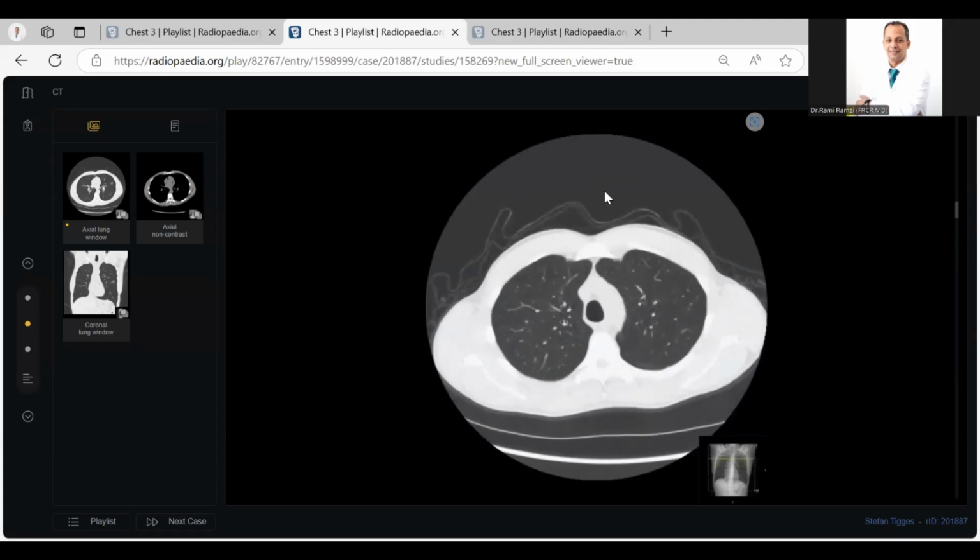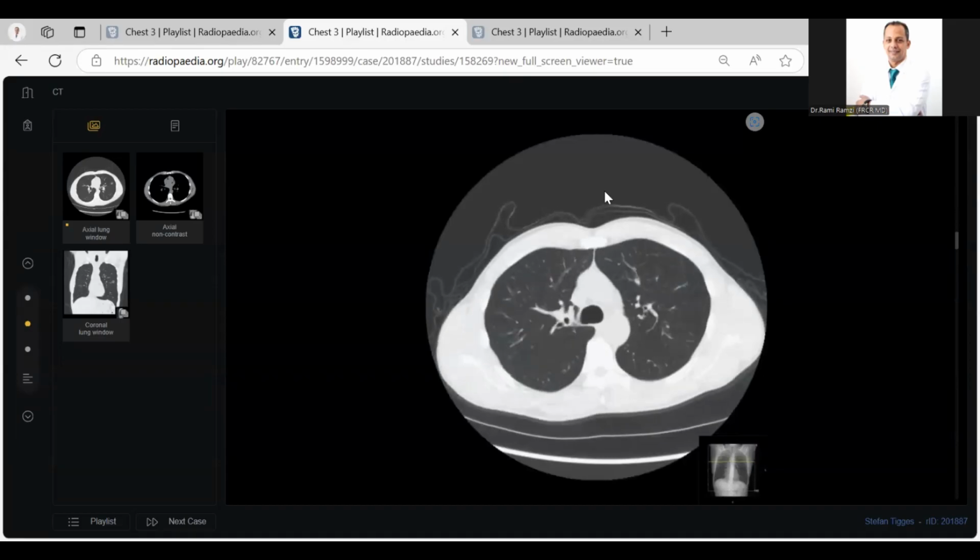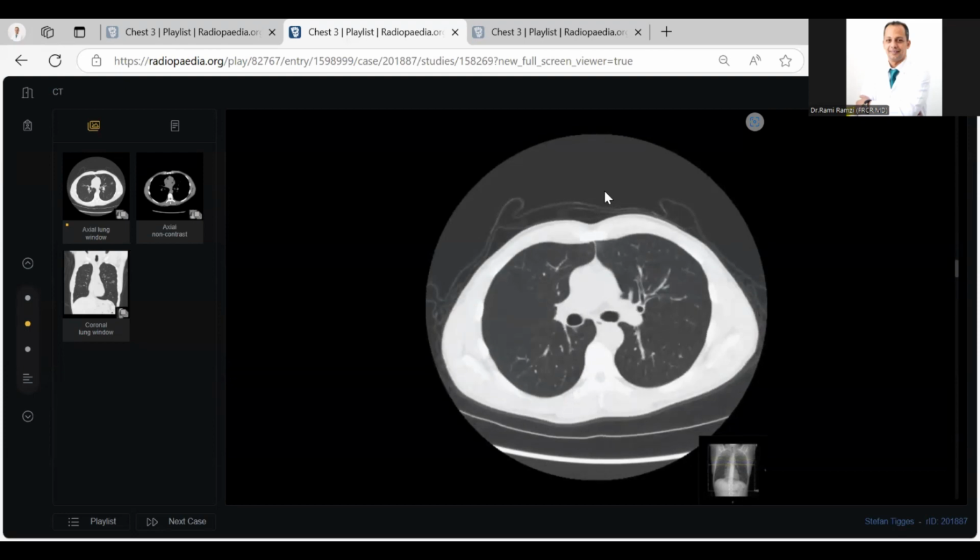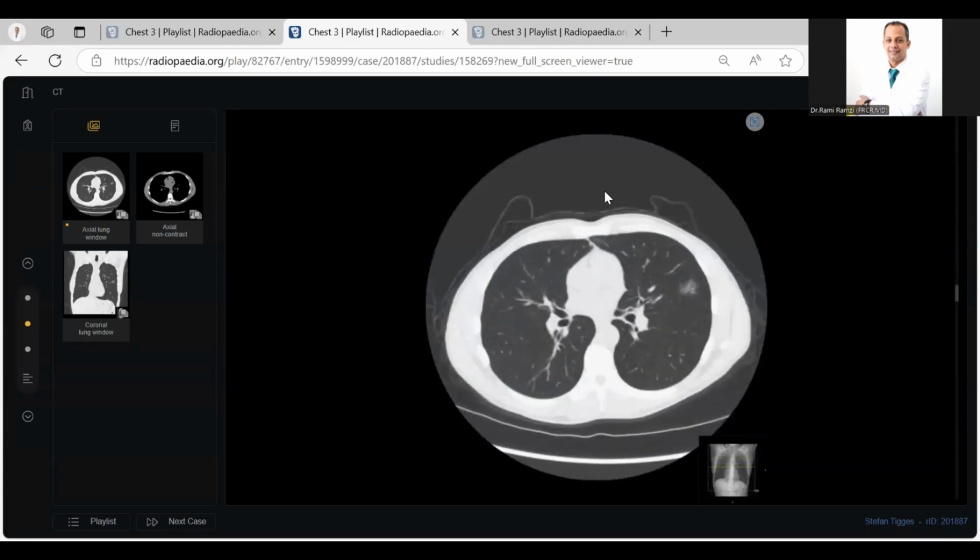What's your differential diagnosis? My differential diagnosis is based on any inflammatory or infectious changes.